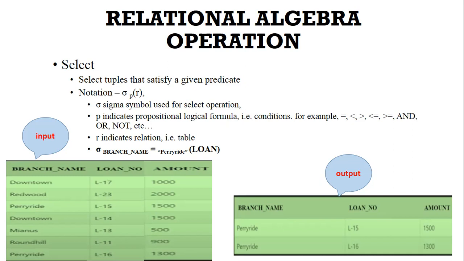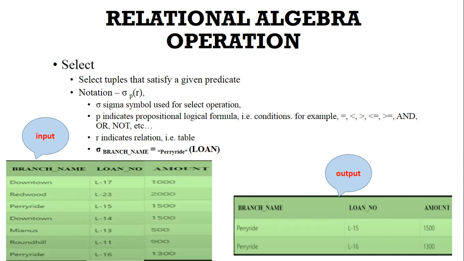You can see here an example: a bank branch input has been given as a relation. So here our relation is mentioned as branch. The input is a table with the attributes branch name, loan number, and amount.